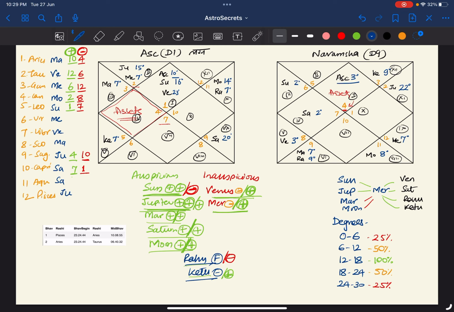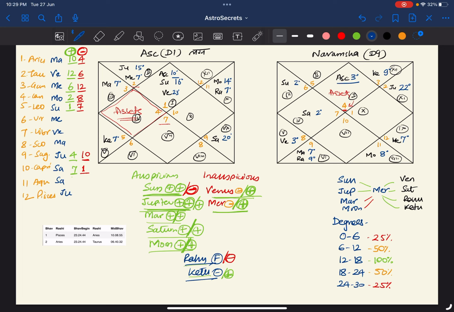Okay, so in Lagna, let's say Sun and Venus are there in the first sign, but in the Chalit chart it might be different. Let's say one planet is moving from the first house to the second house, right?